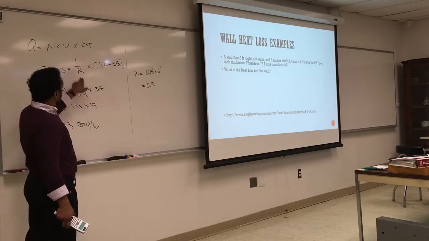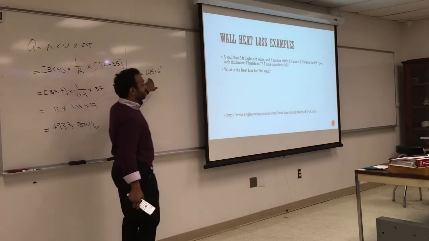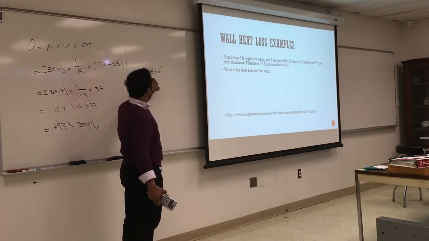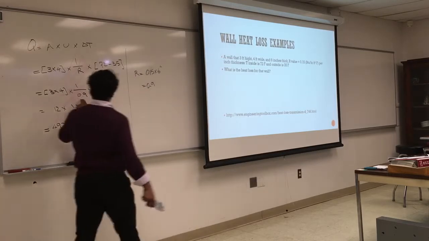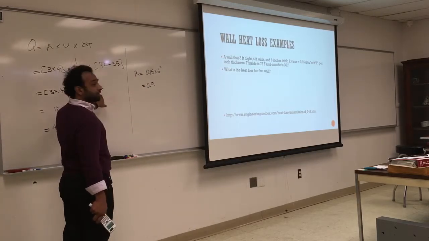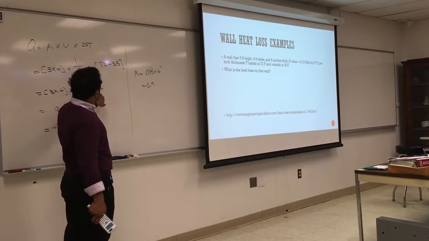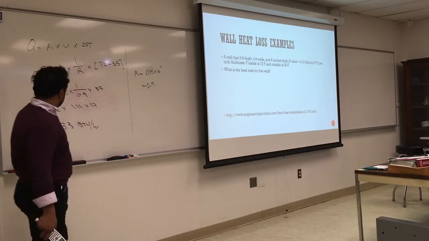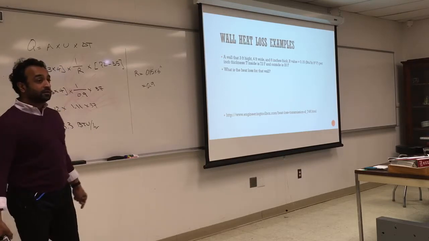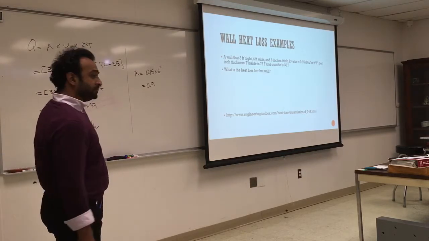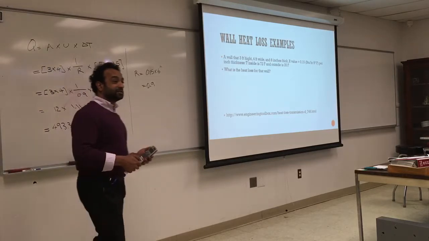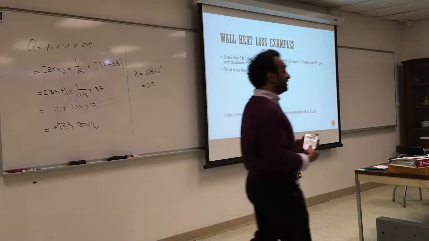Same thing. R, we found that R is giving us 0.15 per inch. We have 6 inches. So 0.15 times 6, 0.9. Put it here. Temperature difference is 37. Just multiplication. And we got 492.8. Huh? 492.8. It's in BTU per hour.